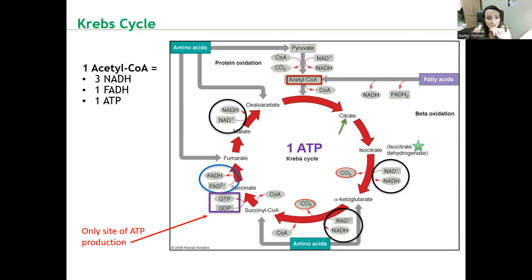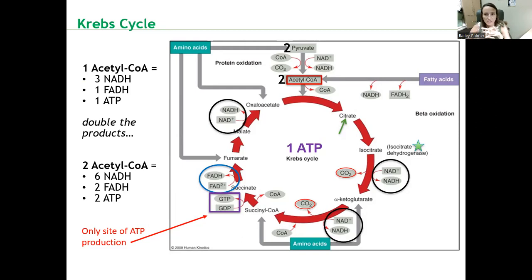That is our process for one acetyl-CoA. So one acetyl-CoA equals 3 NADH, 1 FADH, and 1 ATP. But we have to double the products because we have 2 acetyl-CoAs from our 2 pyruvates. So basically, 1 glucose molecule equals 2 pyruvates, which equal 2 acetyl-CoAs, which equals 6 NADH, 2 FADH, and 2 ATP.